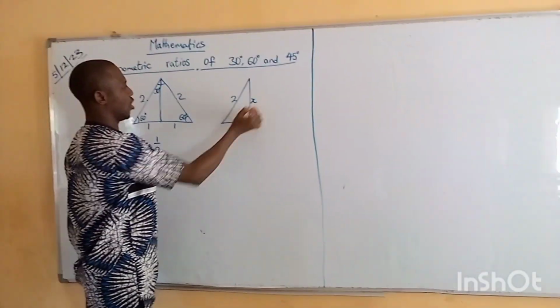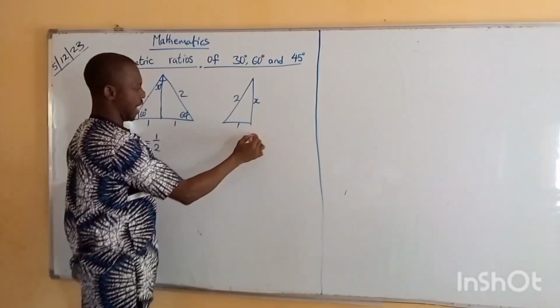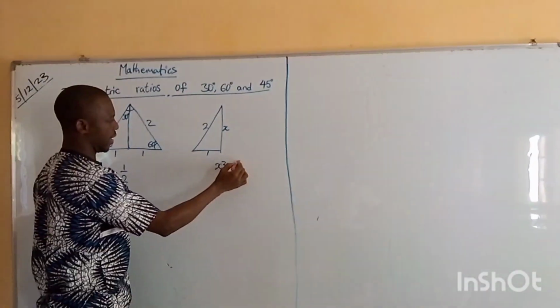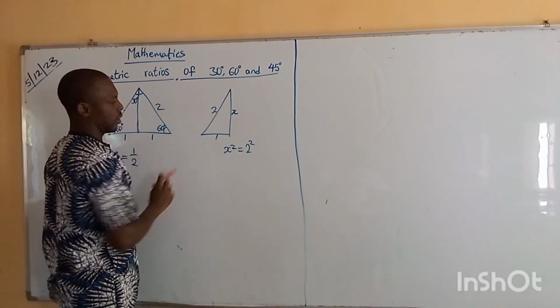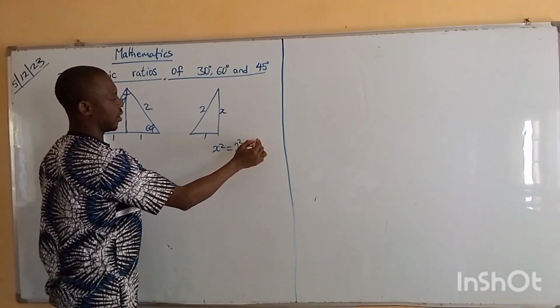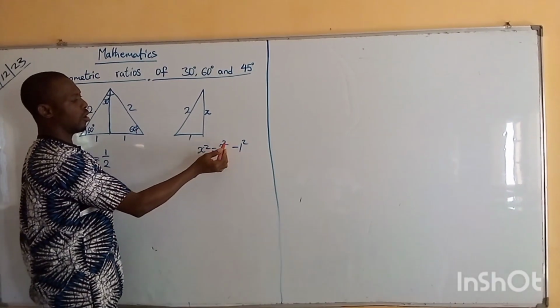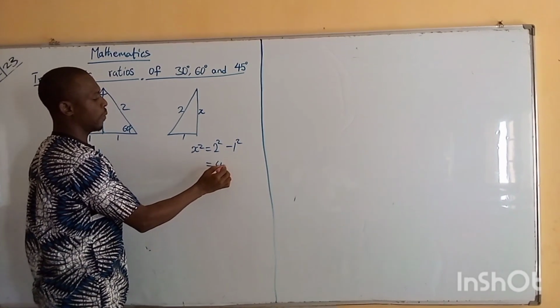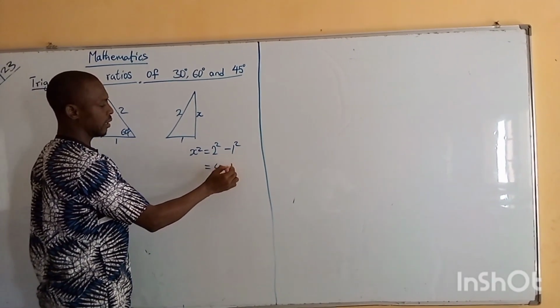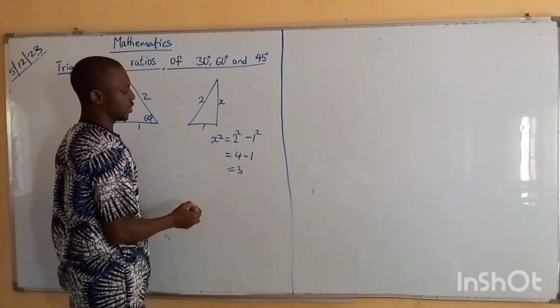So this place becomes x. To get this x, x squared is equal to the square of this minus the square of this. The square of 2 is 4, the square of 1 is 1, and 4 minus 1 gives us 3.